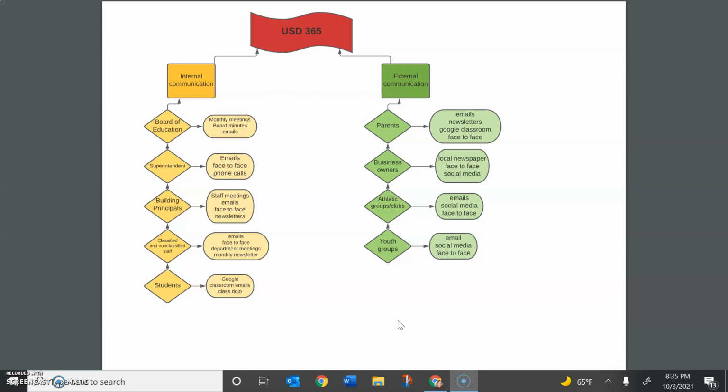Our communications with our athletic groups and clubs, we send out appropriate emails to the kids that are involved in the groups and clubs so that they know what is happening and what their schedules are like. We do communication through social media this way also.